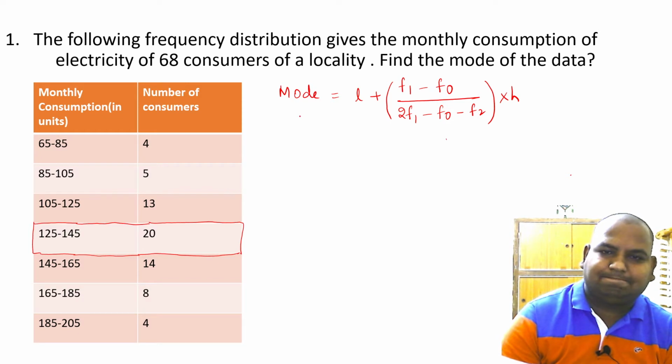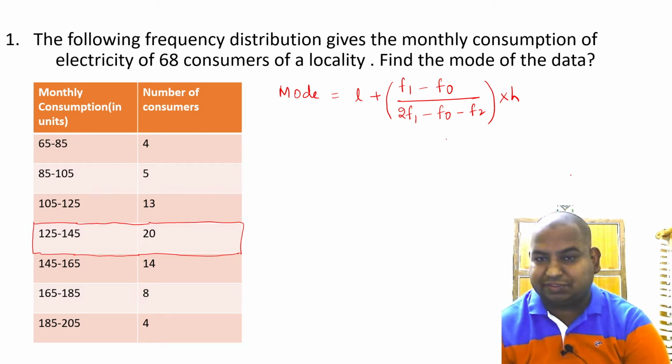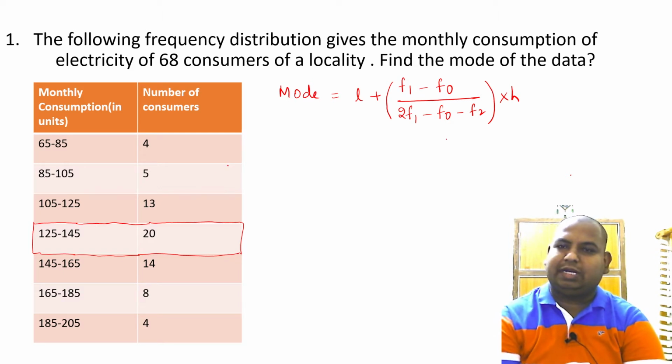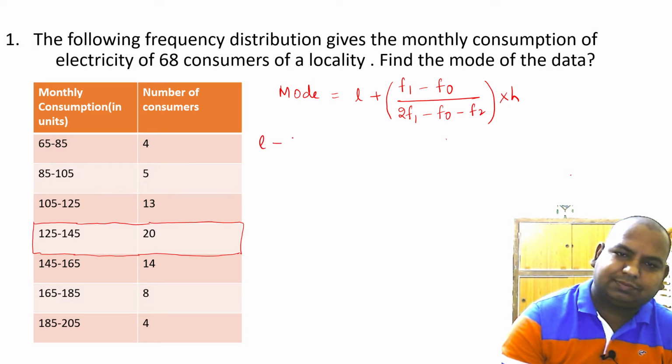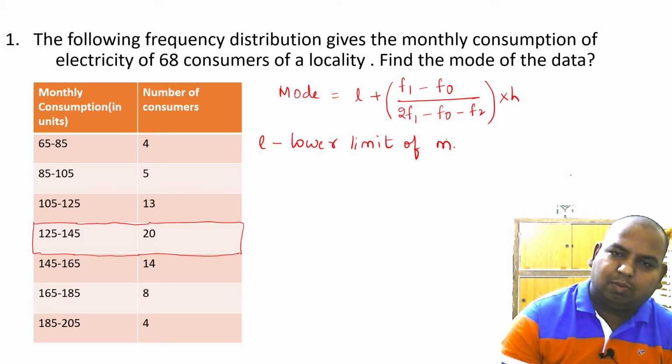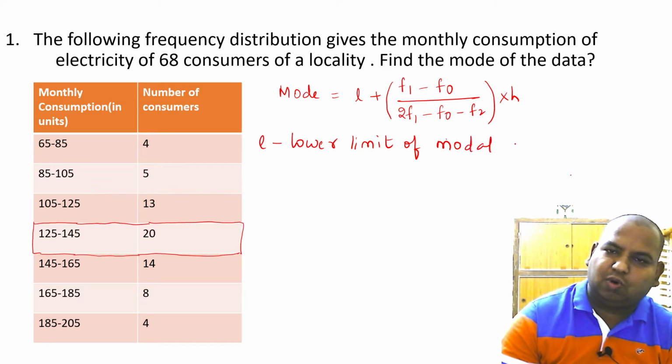In this formula, you may have a doubt: sir, what is L? What is F1? What is F0? What is F2? What is H? Here, L is the lower limit of the modal class.